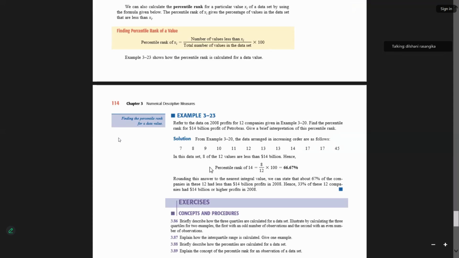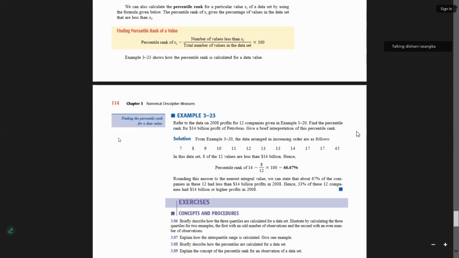Here, what we need to do: the percentile rank of 14 equals the number of data less than that value, that means less than 14. 1, 2, 3, 4, 5, 6, 7, 8. Right, 8. Divide by the whole number of data, 12. Then we multiply it by 100. Then the percentile rank of 14 equals 66.67 as a percentage.